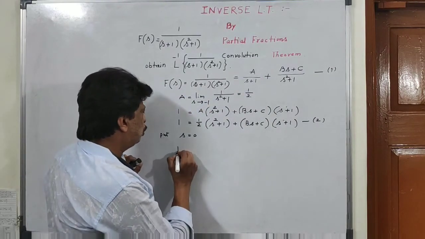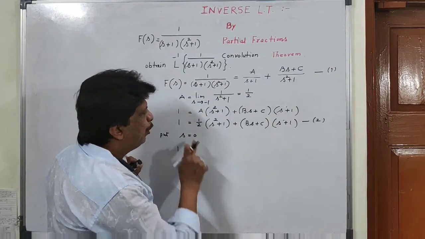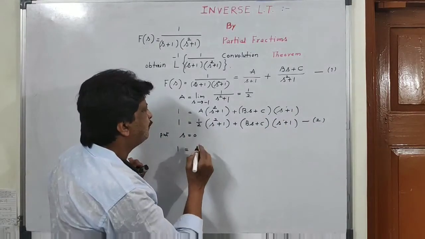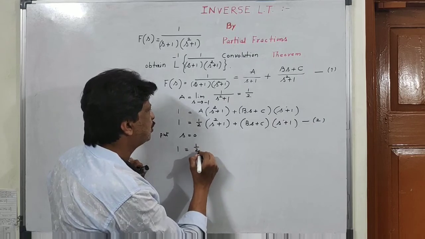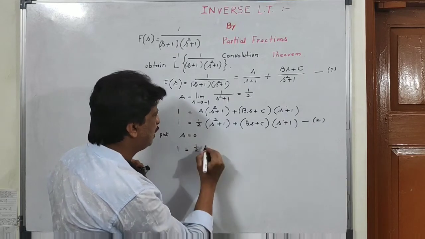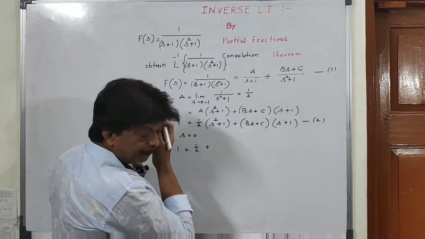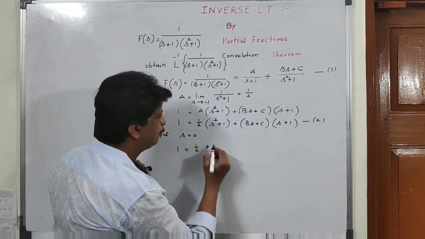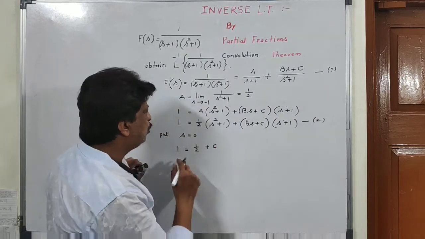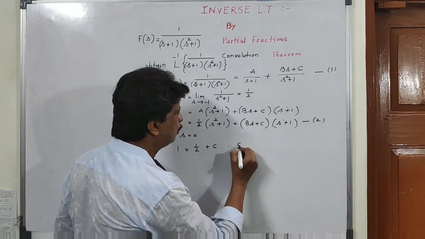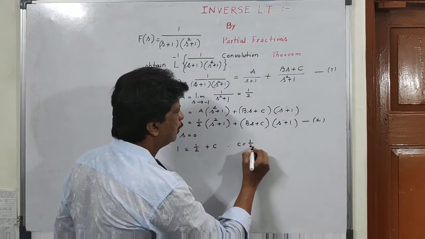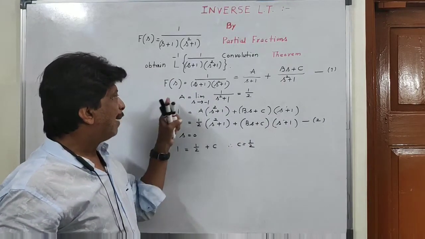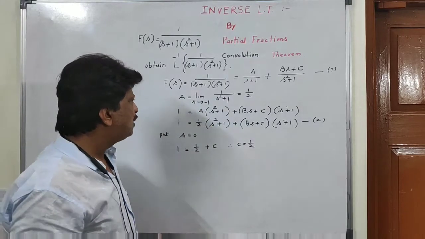So 1 is equal to 1 by 2 times (0 plus 1), which is 1 by 2, plus (0 plus c) into (0 plus 1). This gives me c is equal to 1 by 2. So both capital A and c are 1 by 2.